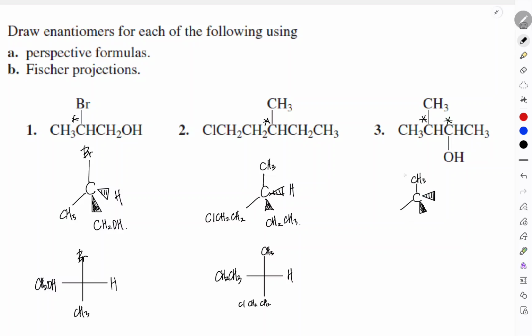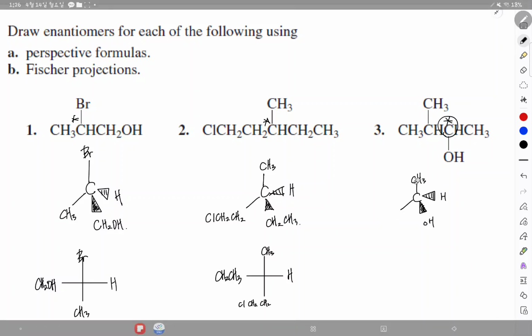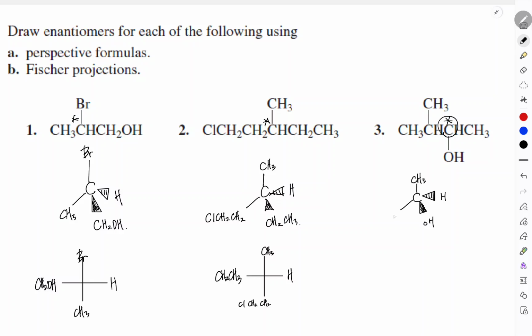Of course, you can just draw literally the mirror image to this, right? As you can imagine, there's a mirror in the middle, and you can just draw mirror image to that. This will give you the mirror image, the second enantiomer, or as I mentioned, you can just simply swap this too.